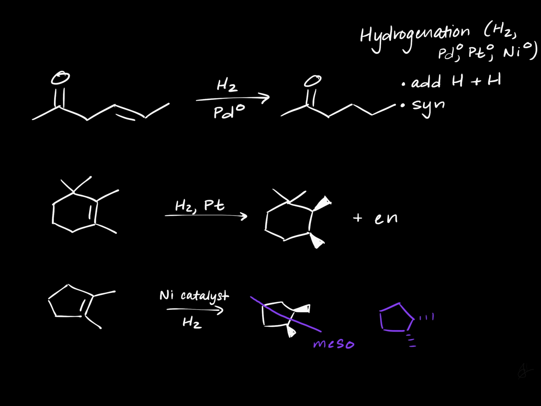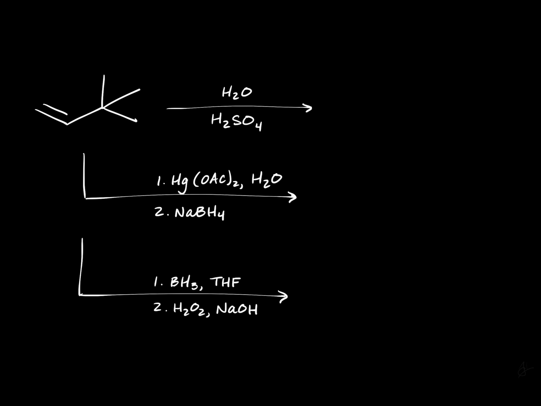But if we say "enantiomer," where we just flip those wedges and dashes, it is the exact same compound. These 2 compounds are the exact same because of that internal plane of symmetry. So if I simply rotate this molecule around, I'd find that those 2 molecules were exactly the same. And so I wouldn't put plus enantiomer in this case, but this is less can you do the hydrogenation reaction at this point and more of do you remember your stereochemistry.